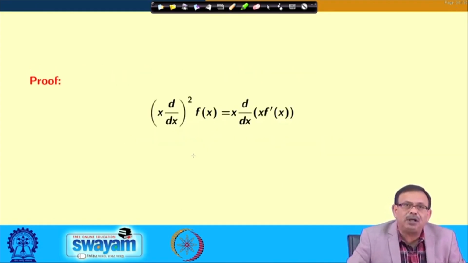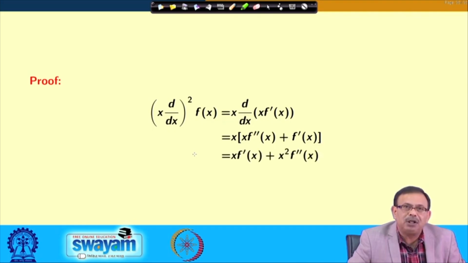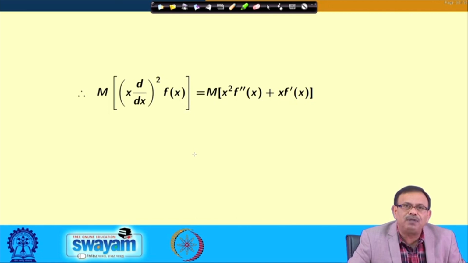I am starting with x d dx whole square of f x, which we can write down as x into d dx of x f dash x. So, you will get the same thing, and if I break it, x into x f double dash x plus f dash x, this value equals x f dash x plus x square f double dash x. So, Mellin transform of this equals Mellin transform of x square f double dash x plus x f dash x, and this equals Mellin transform of x square f double dash x plus Mellin transform of x f dash x.